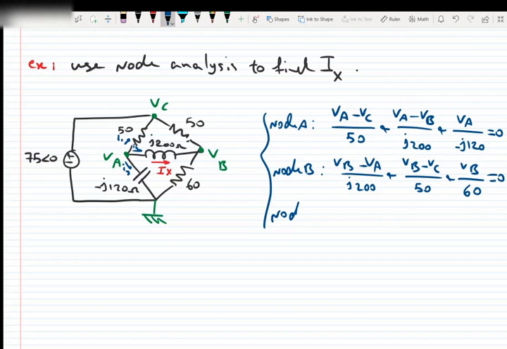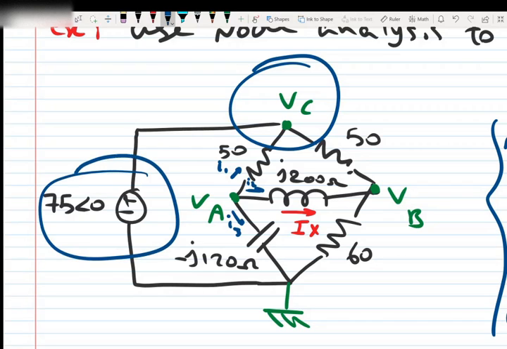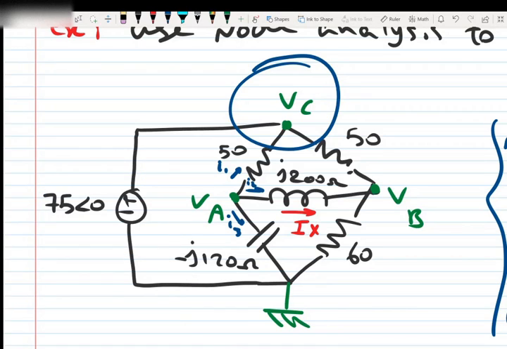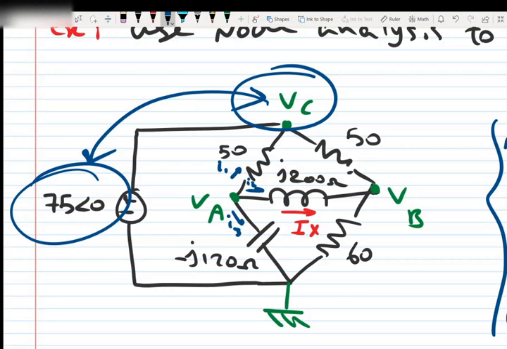And node C, in fact for node C we don't need to write any KCL, because we know that if a node is connected to a voltage source directly, and of course the other side of the voltage source has to be connected to the ground, we can simply say the voltage of that node is equal to the voltage source.